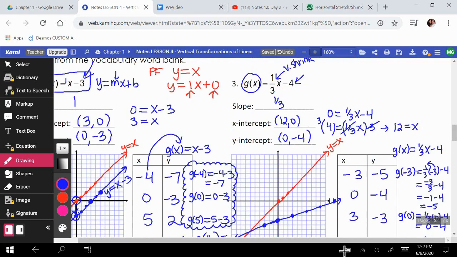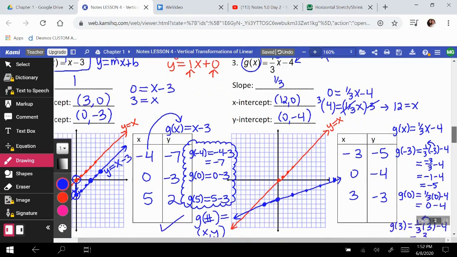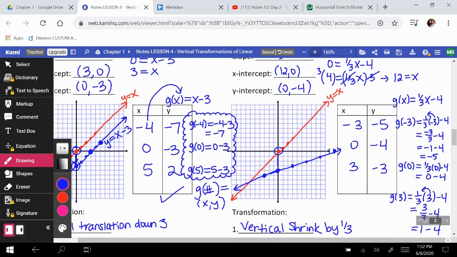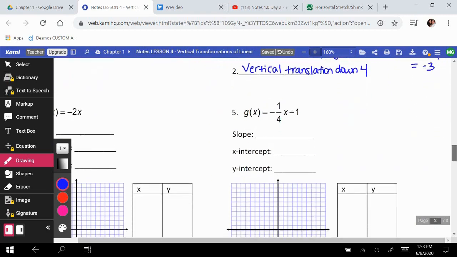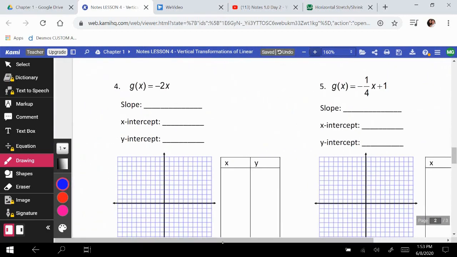That's going to be down 4. Doesn't it look like we took this point and moved the whole graph down 4? So I'm going to say vertical translation down 4.